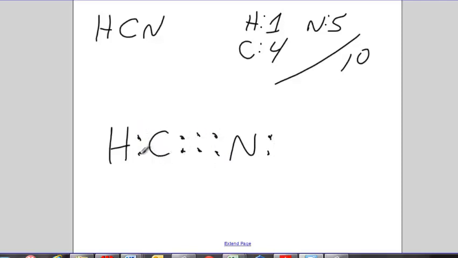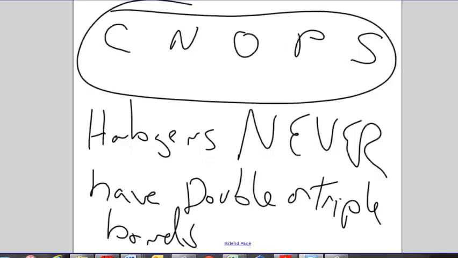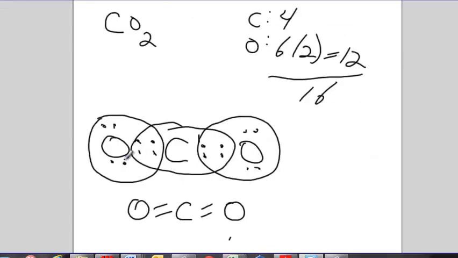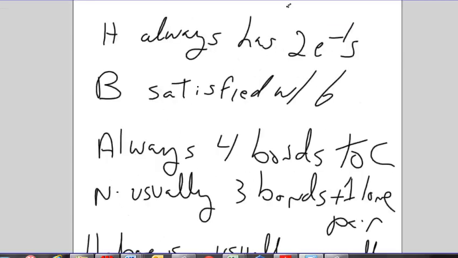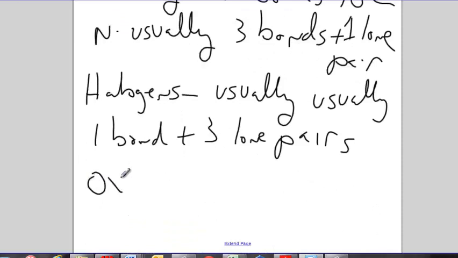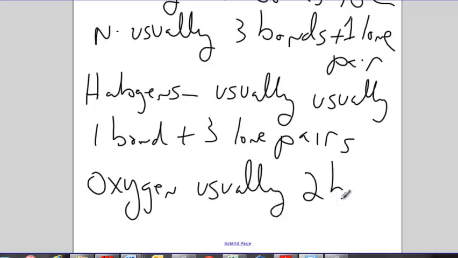It's still got 4 bonds. Here's my nitrogen, 3 bonds and 1 lone pair. I can make a rule with oxygen, too, by the way, that fits my carbon dioxide. Oxygen, again not hard and fast, but usually 2 bonds and 2 lone pairs.